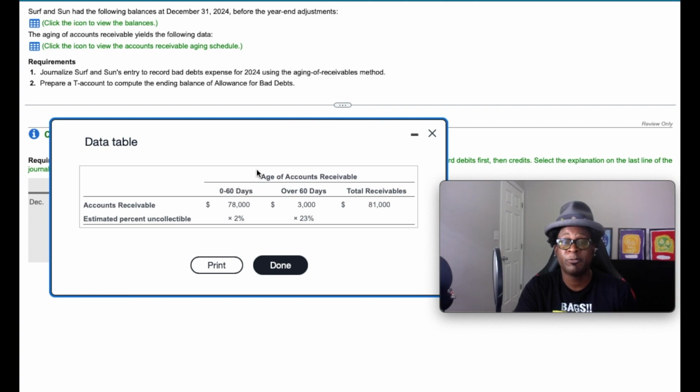Further to the right, we have an accounts receivable balance of $3,000 that represents uncollectability for over 60 days. And if you pay close attention to the estimated percent of uncollectability, obviously, gang, the longer you go without collecting from customers, the higher the probability of uncollectability.